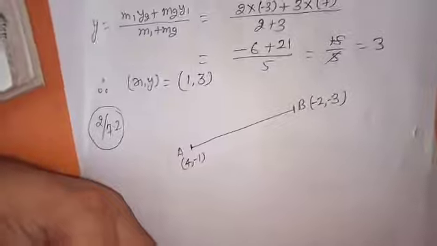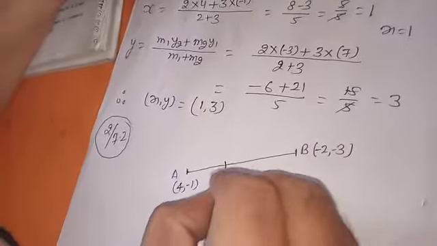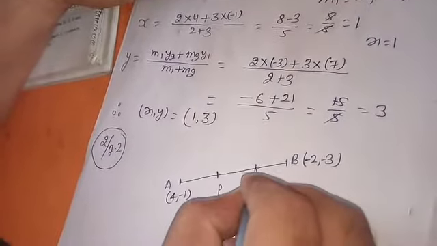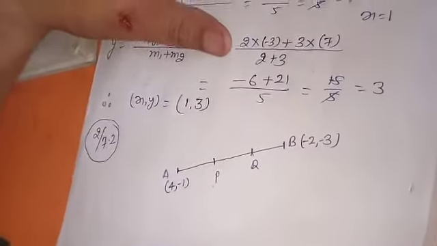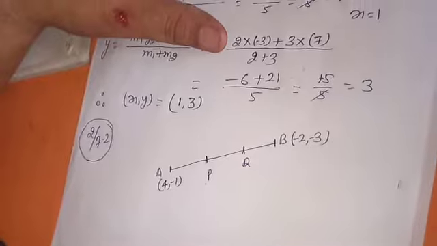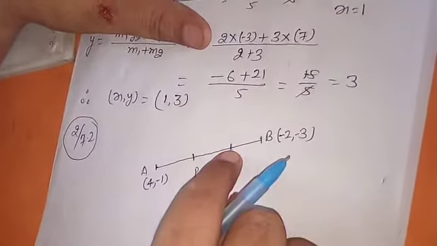Trisection means dividing into 3 parts. Let these be points P and Q. Okay. So you have to find the coordinates of P and Q.